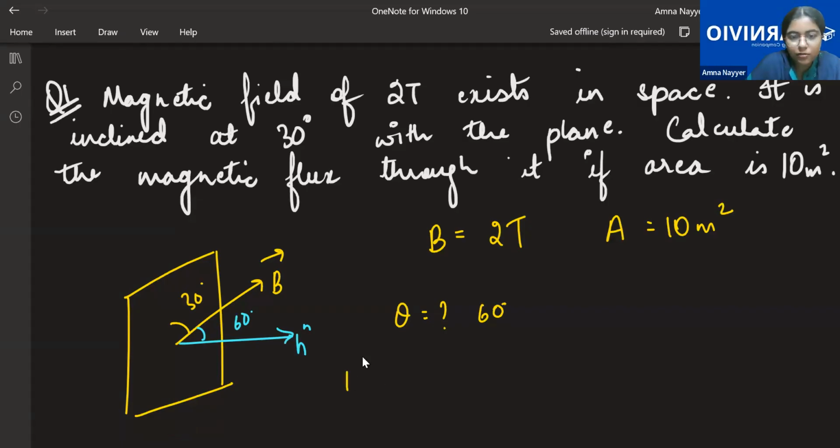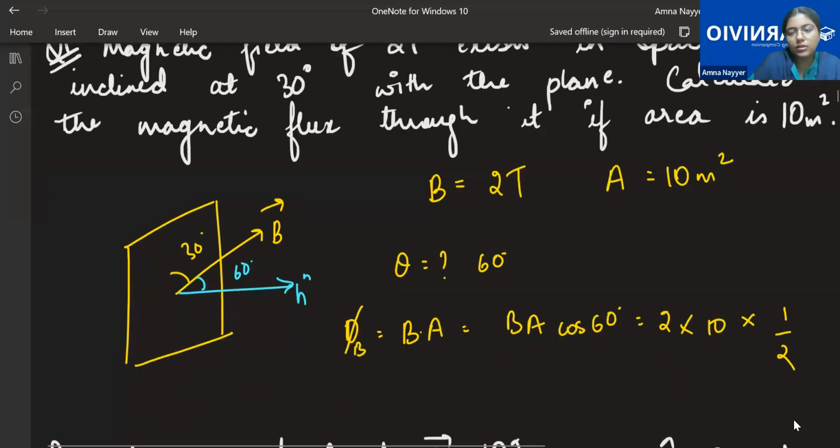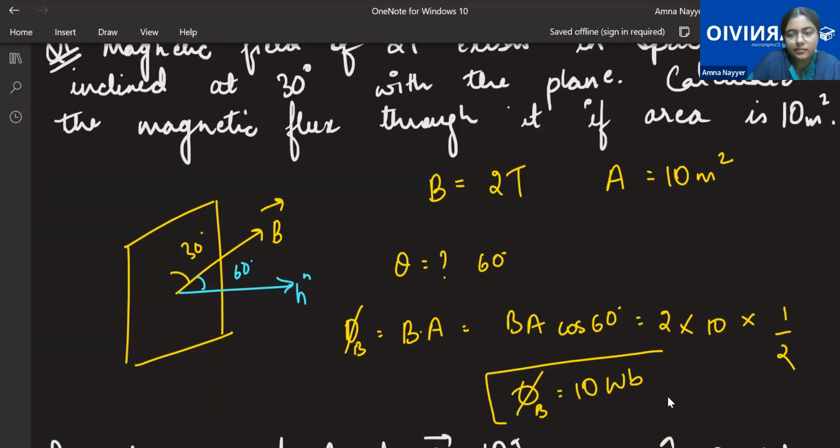So now when you use magnetic flux is equal to B dot A, which is equal to B A cos 60 degree. So look, it becomes 2 into area is 10 into half. So this becomes magnetic flux becomes 10 Weber.